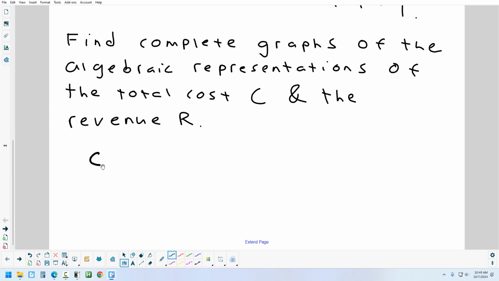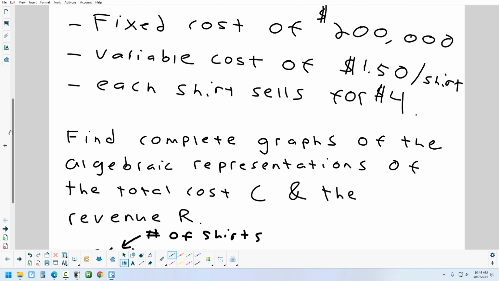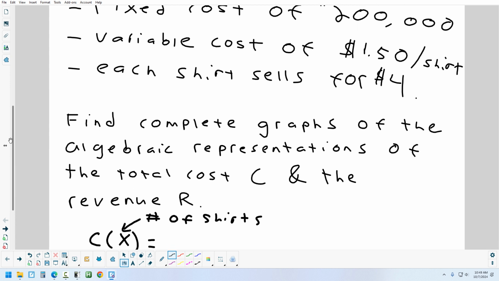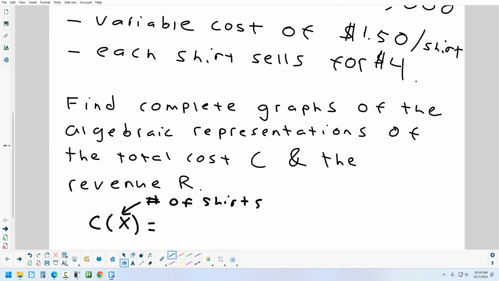So we're going to find the costs as a function of x. X is going to be the number of shirts that we make. So how would we represent the cost just to make the shirts? Negative 1.5x? We want to write the cost as a positive number, because we're going to think of the cost as just what it costs the company.